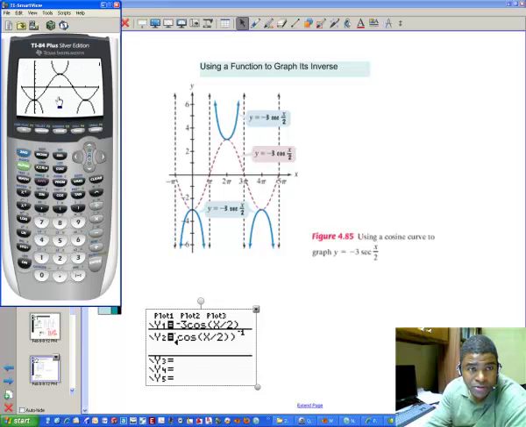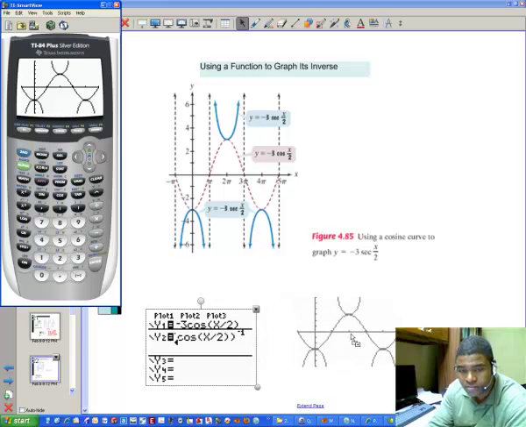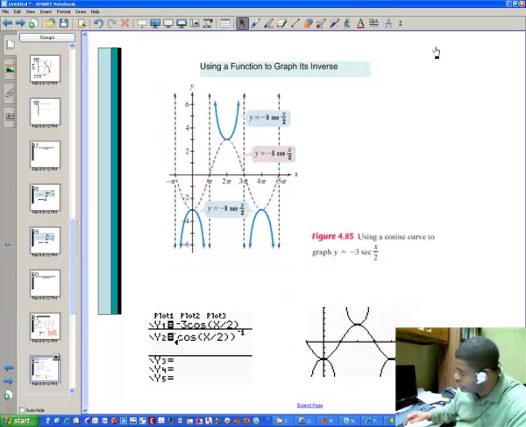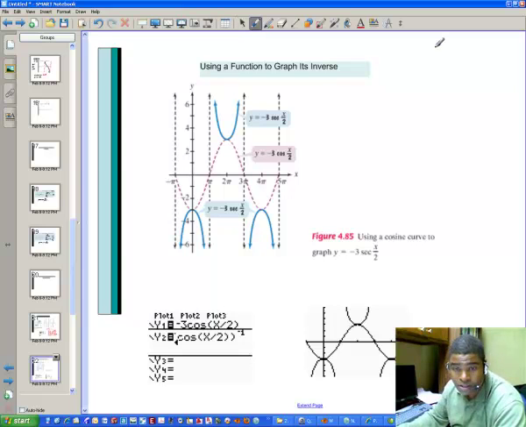So now it should look something similar to that particular function there. So again, the secant function is the reciprocal of the cosine. So we use the cosine to graph the secant function, and we find these points.